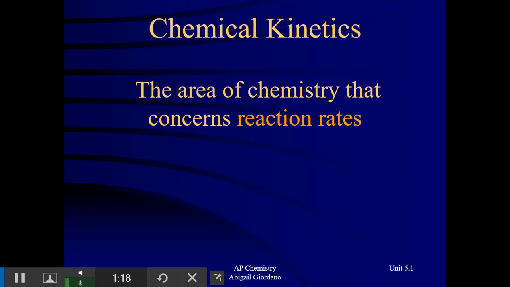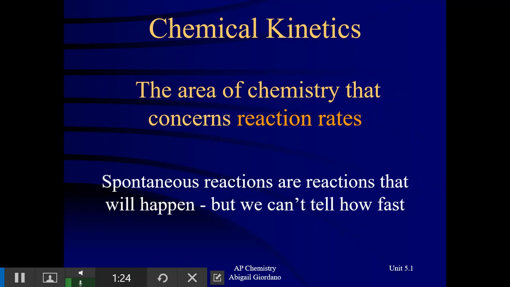How fast or how slow does a chemical reaction take place? And we've talked a little bit before about spontaneous reactions, ones that occur on their own without any outside intervention, but we haven't ever talked about how slow or how fast they are.